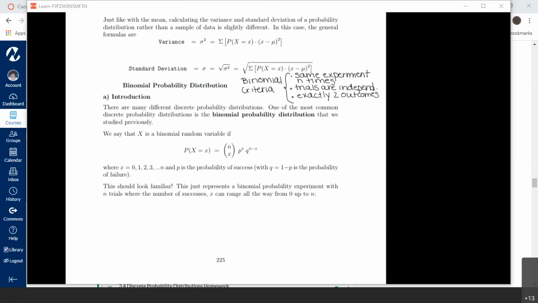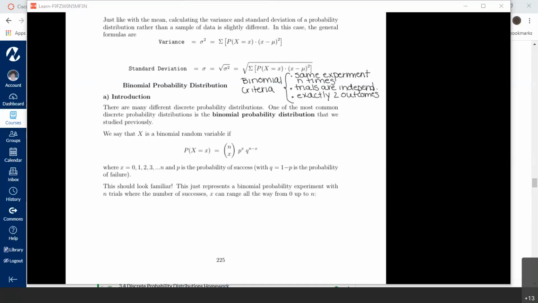Remember, lots of times with binomial experiments, you can recast a situation in such a way that you can turn it into a binomial experiment. So for example, if I'm rolling two dice, you might say, I want to know the probabilities of all the outcomes of all the sums. Well, there are lots of different outcomes. That's technically not binomial, but you can say, I want to know the probability of rolling a 7.